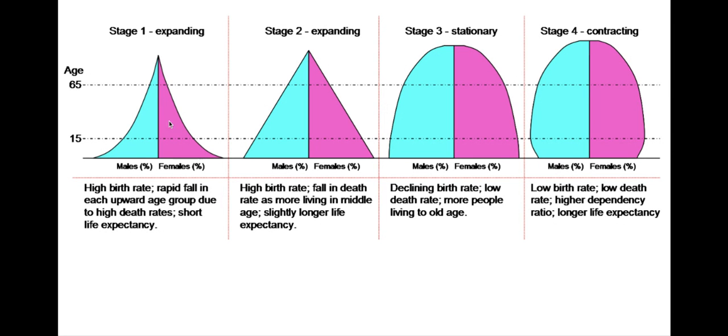So for developing countries, not many people reach older ages compared to, let's say, a developed country, in which we can see more people reaching older ages as well, but we also have a lot of births, and we're going to see again that there is a larger population in reproductive ages because we have had a lot of babies being born here. So it's going to move up as we go.